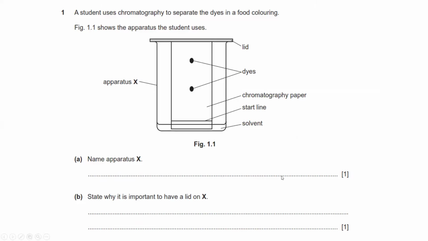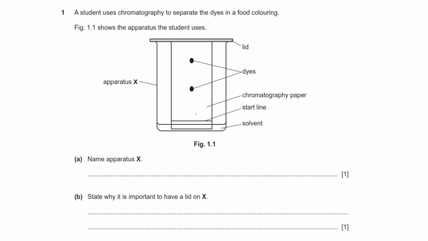First question. It says, a student uses chromatography to separate the dyes in a food coloring. Figure 1.1 shows the apparatus the student uses. Name the apparatus X. So let's see what we have here. We have a beaker that is closed with a lid. We have a chromatography paper inside it.